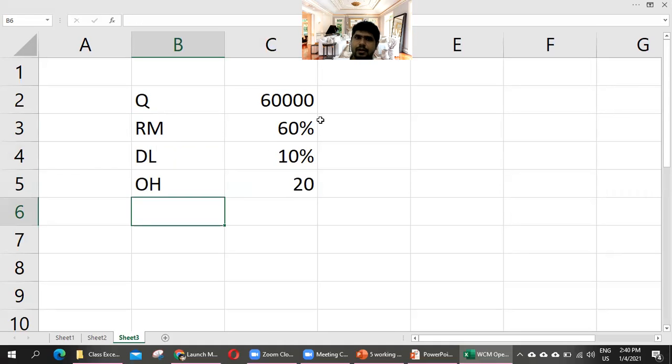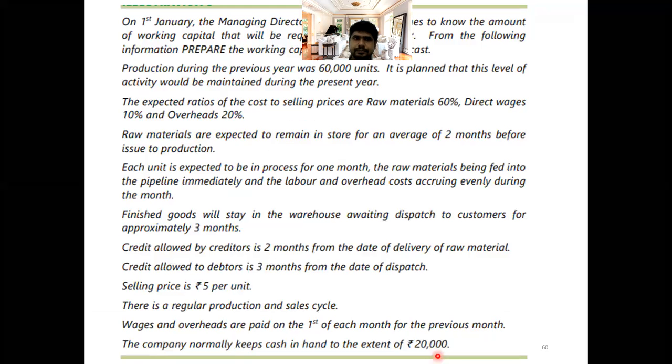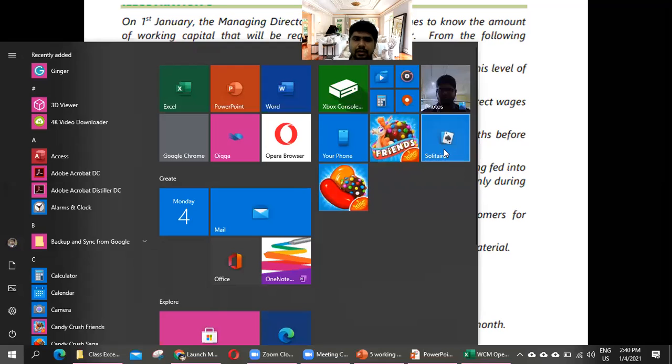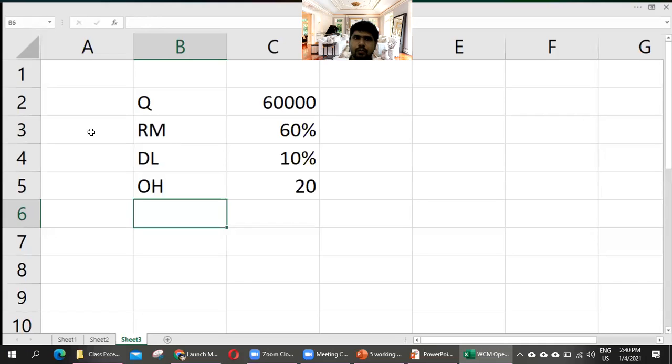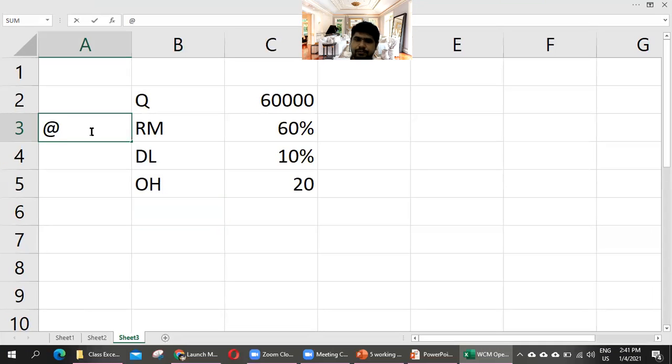Right. And what else? The raw materials are expected to remain in store for an average of 2 months, right? So raw material will be kept for about 2 months.